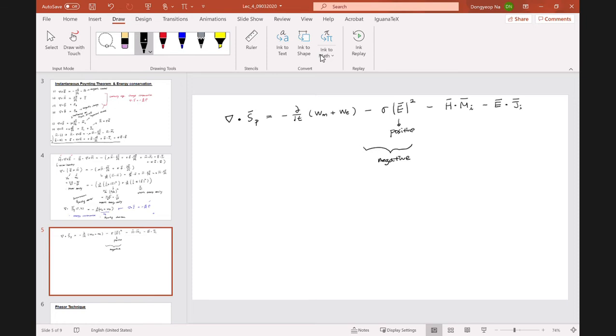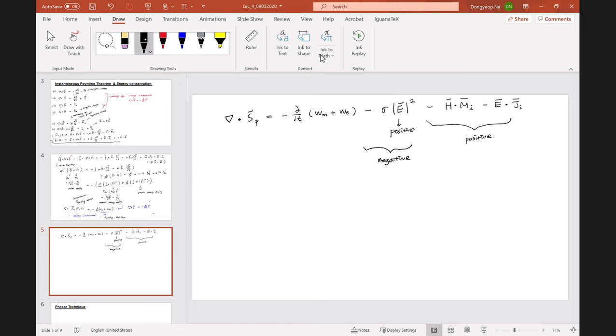Okay. However, for these two terms, if we have the field and the source, and the sign of field and source are opposite, it's going to be positive.